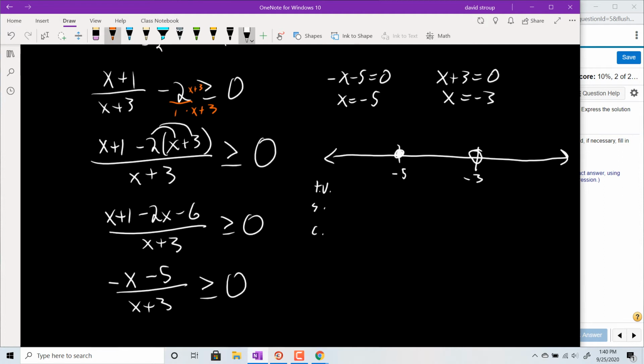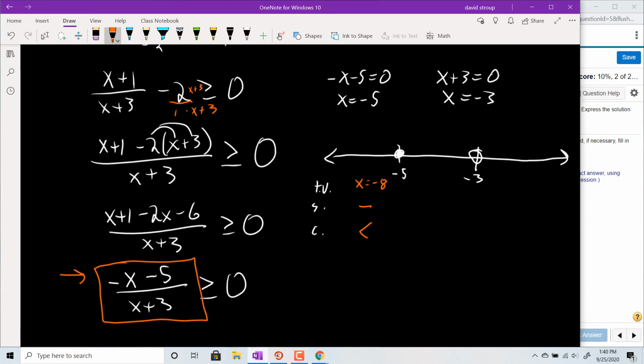Okay, so I'll try x is negative 8. And I'm plugging that into this expression I just boxed in red. And again, all I care about is the sign. So negative 8 is positive 8, minus 5 is positive, all over negative 8 plus 3 is negative. A positive divided by a negative is negative.